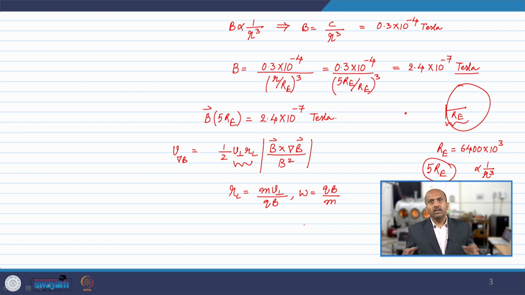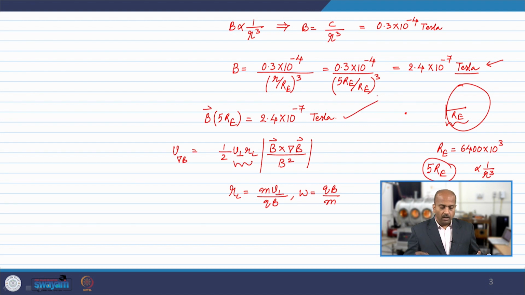Now we are given the magnetic field at the surface in the equatorial plane, and with an r cube dependence, we have to find how it scales at 5 RE, which we have done here. It turns out that the magnetic field at the equatorial plane at 5 RE is 2.4 times 10 to the power of minus 7 Tesla, right?